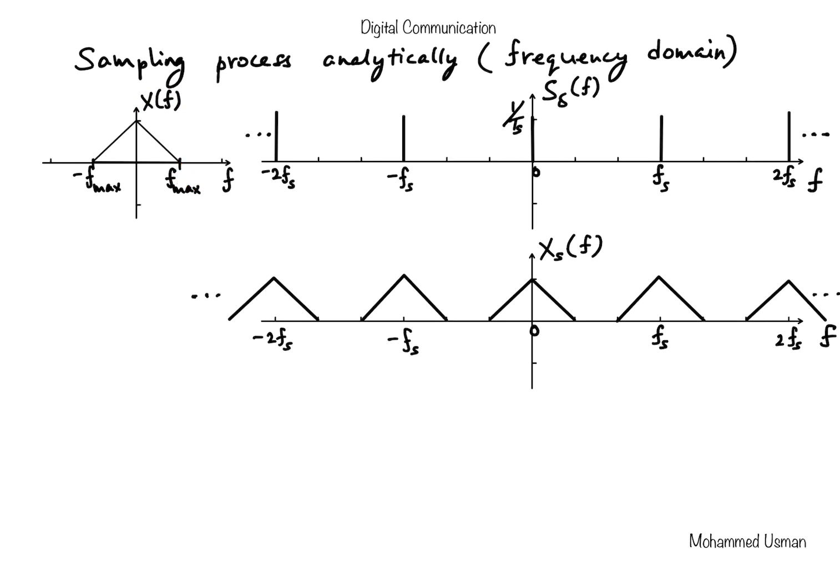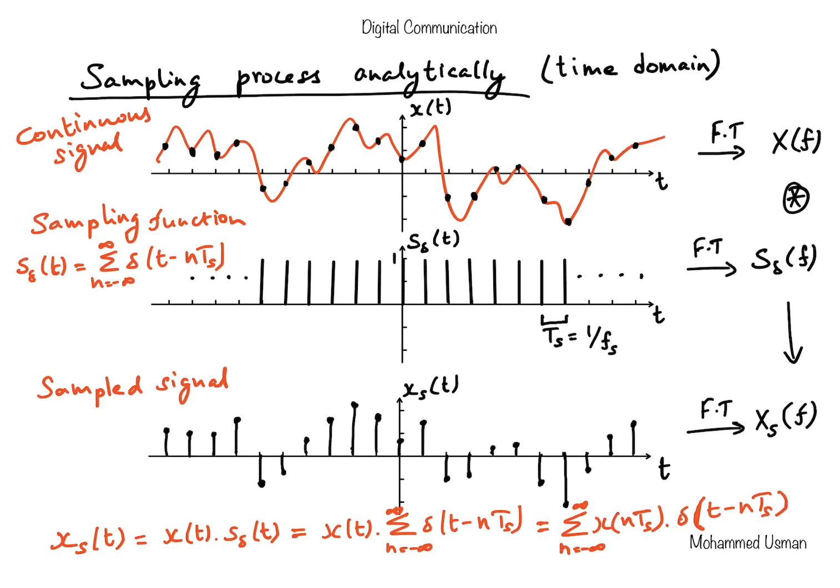max. And then we have here the spectrum of the sampling function. The sampling function is an impulse train, and the spectrum of an impulse train is also an impulse train, but in the frequency domain. Since we had the sampling function denoted as summation of delta of t minus n Ts, its spectrum would also be an impulse train, in the frequency domain, as delta of f minus n fs.